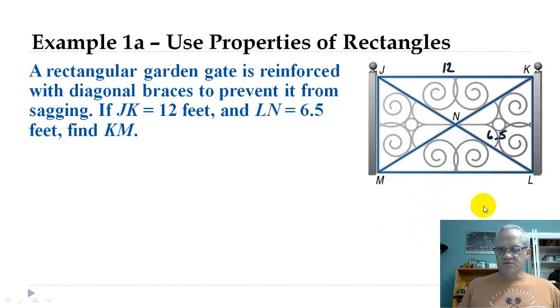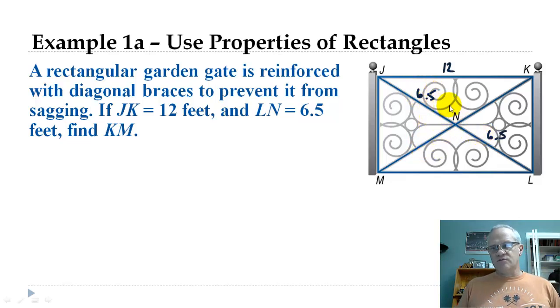Find KM. Well, where's KM? Let's see, KM goes from this corner all the way down. Remember, we could look at this a couple of different ways, but it gives you the same thing in the end. One thing that you could do is say, well, if LN is 6.5, it must have been split in half, and so that means this other part here, JN, also has to be 6.5.